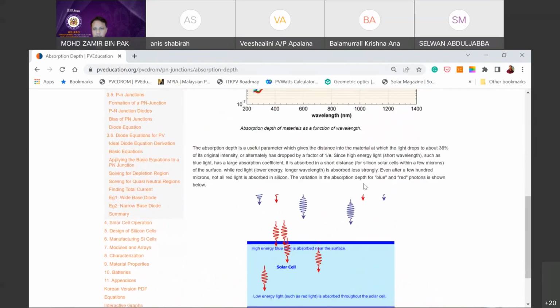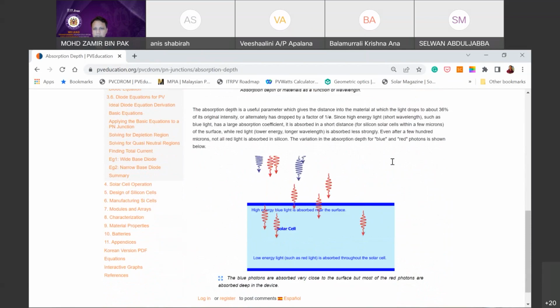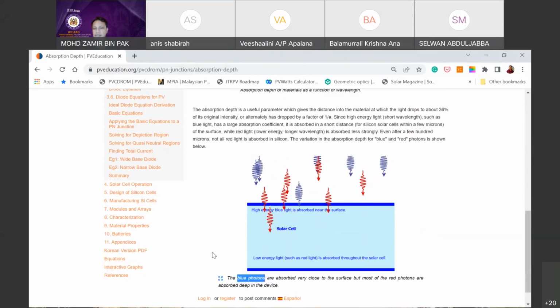So I would like to show you this animation with regards to light absorption at the surface, in the volume, and at the back. So remember, high energy photons, UV, low wavelength will be absorbed at the surface. Now have a look at the blue photons. Blue photons are the high energy photons.